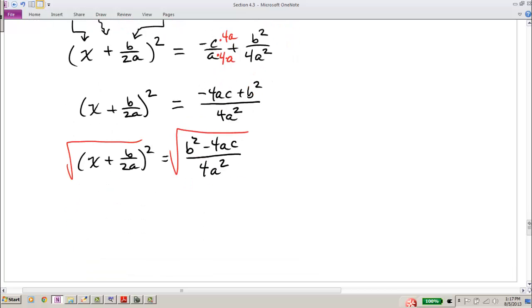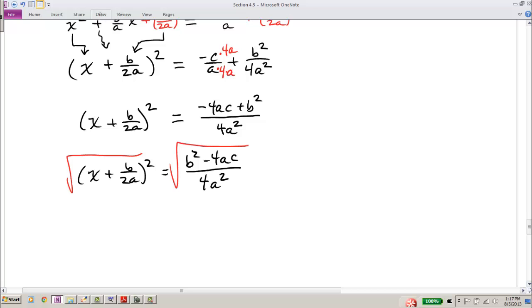What we need to do now is a little bit of simplifying. On the left side, of course, just as all the other times, we're taking the square root of a perfect square, and so that means we just have x plus b over 2a. On the right side, we have to consider both positive and negative roots.